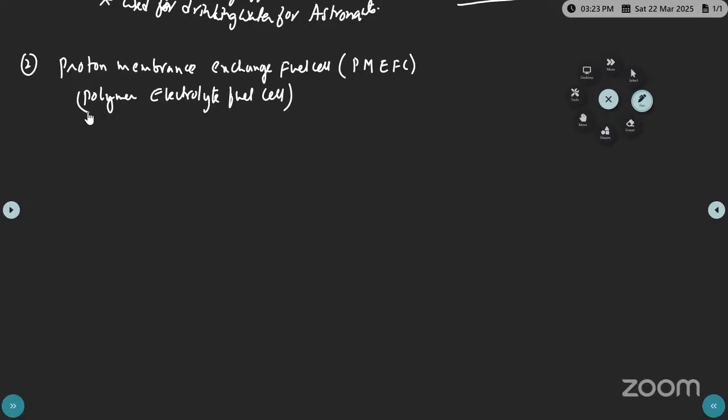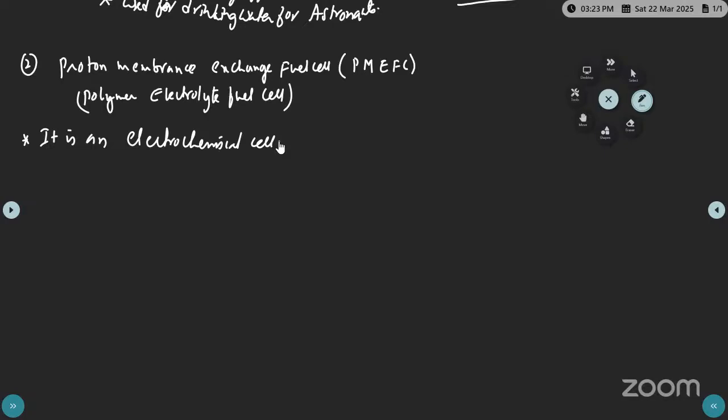Okay, and what is this? It is an electrochemical cell, which means it converts chemical energy into electrical energy, but here the chemical energy is supplied in the form of fuel.